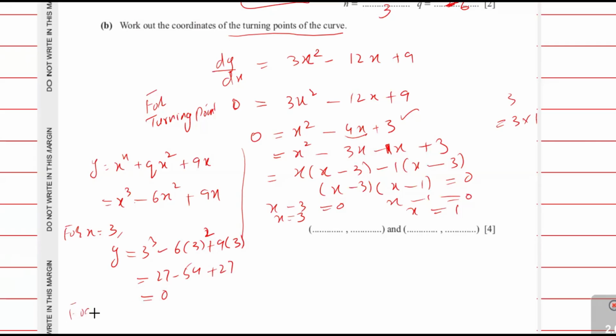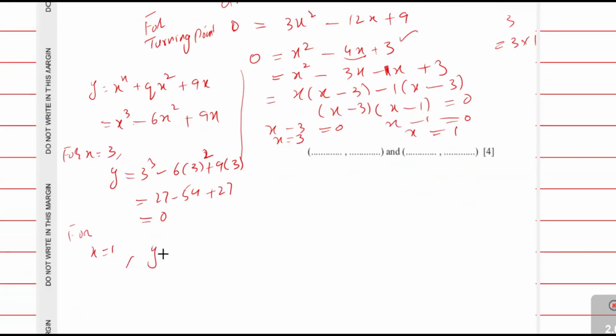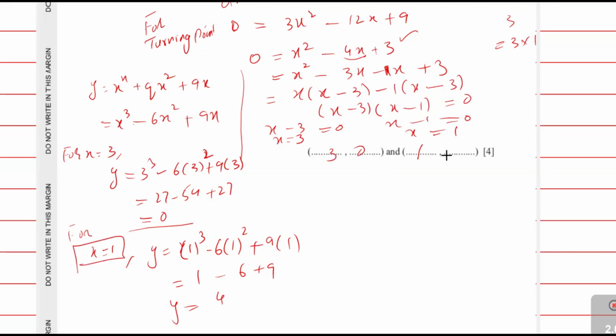And for x equals 1, this equation becomes y equals 1 power 3 minus 6 into 1 square plus 9 into 1. We get 1 minus 6 plus 9, and this value equals 4. And we write for x equals 3, y equals 0, and x equals 1, y equals 4. And this is the answer.